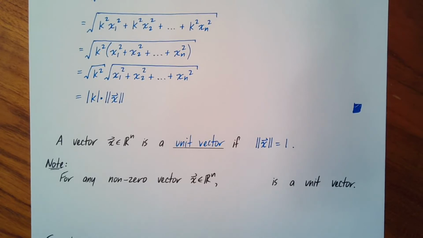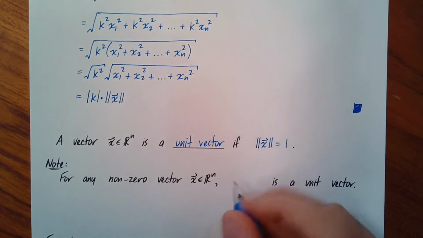Okay, and there's a nice way that you can turn any vector, as long as it's non-zero, into a unit vector. And this note is going to tell you how to do it. So here's how it goes. For any non-zero vector x in Rn, you can turn it into a unit vector just by multiplying it by an appropriate scalar. So here's what you'll do if you want to do this.